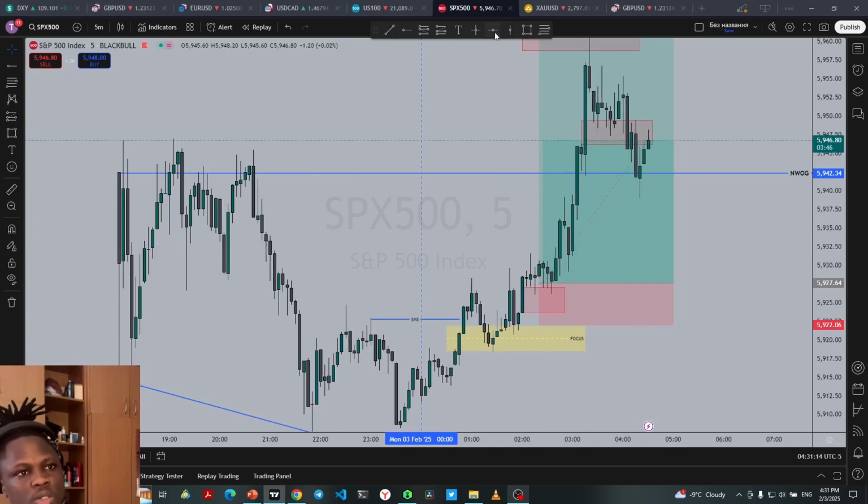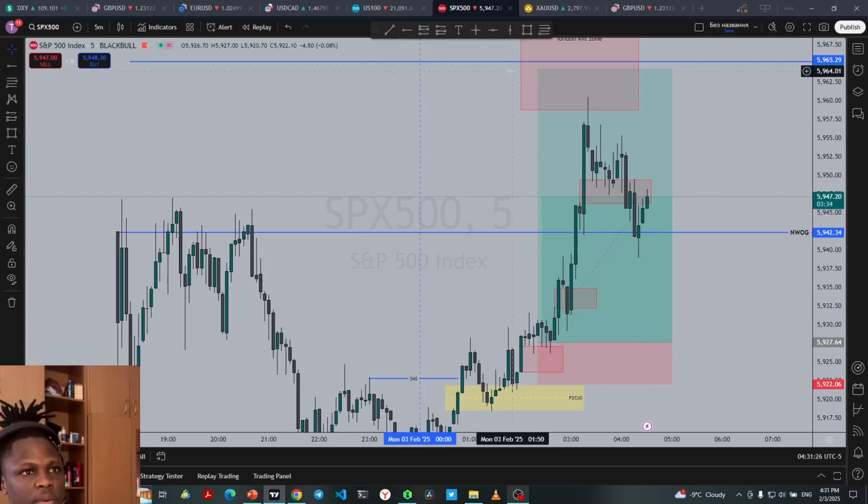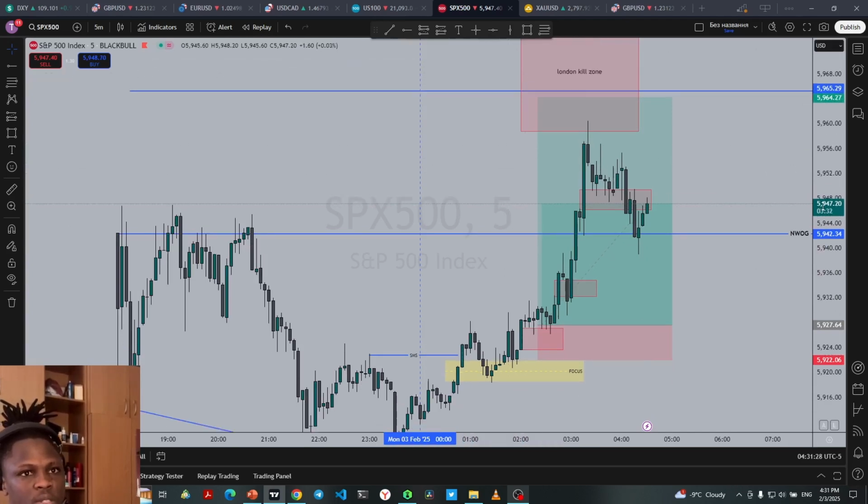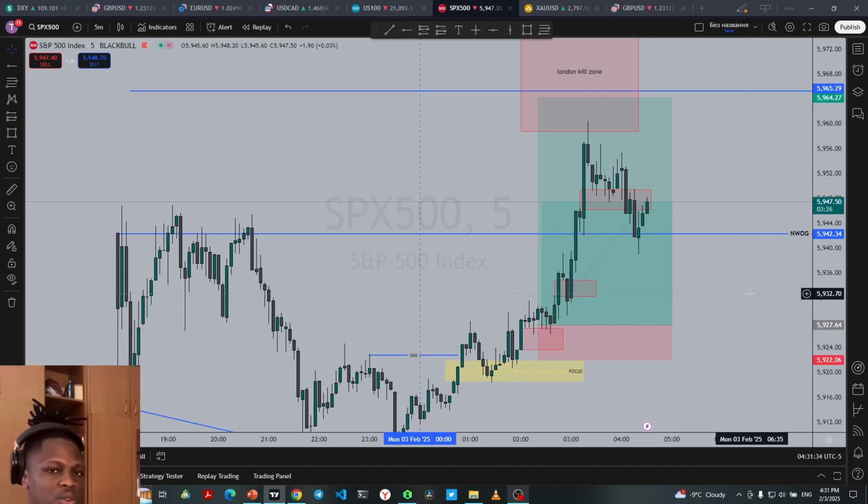Then when it retraced to this fair value gap, I pyramided. I added another entry for 0.5, and then placed my target to here, to the first quarter level. I don't want to strain the markets. This was my first trade, so I didn't really want to put much into it.